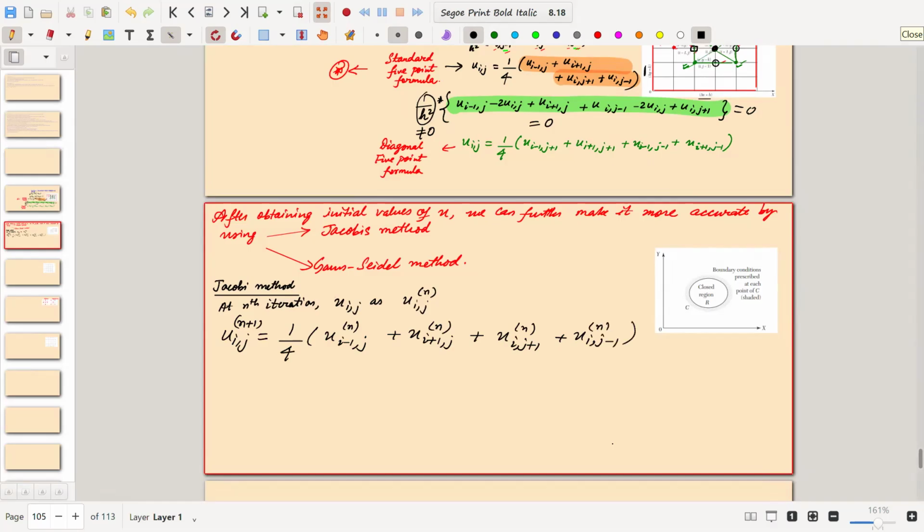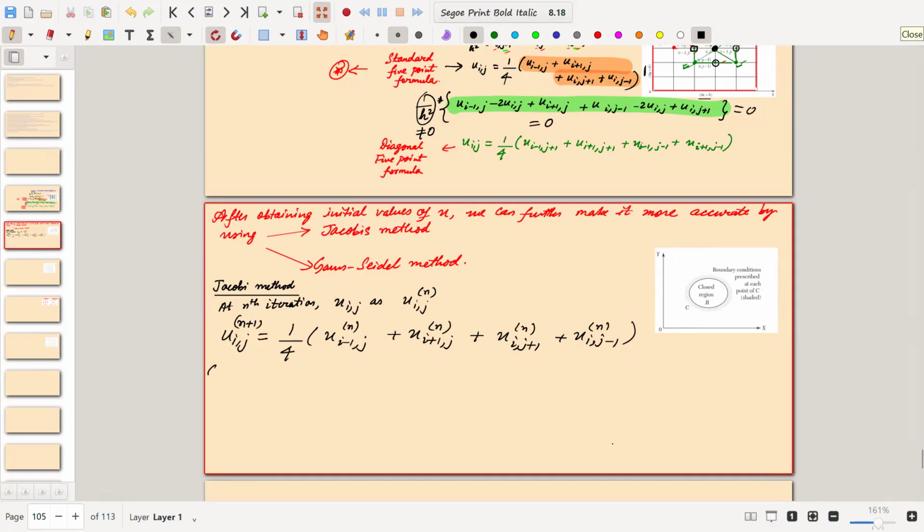This is the Jacobi method, where the future state depends on the past. You can see the n plus 1th values depend on the nth state.